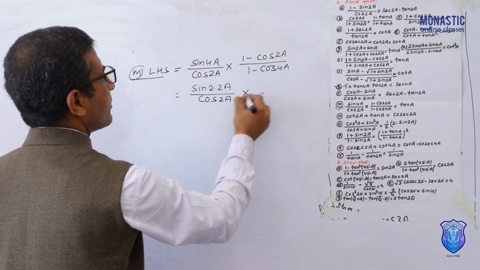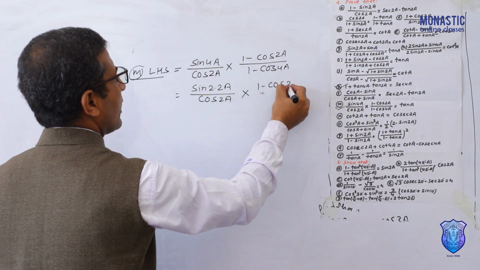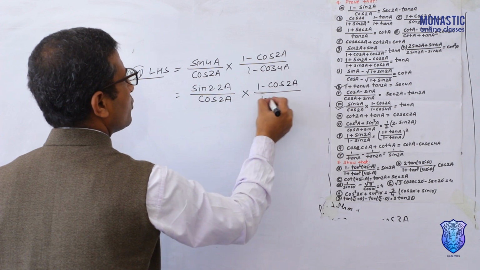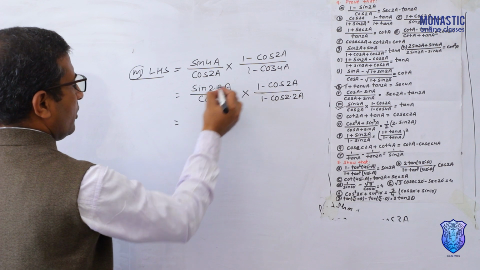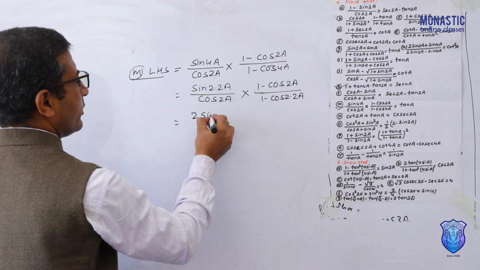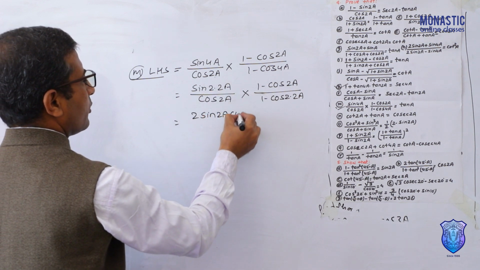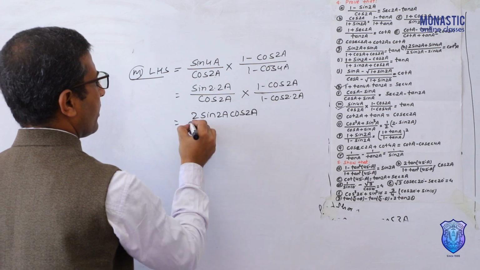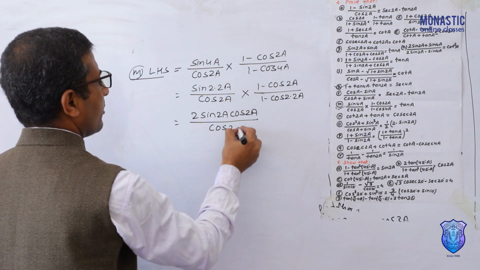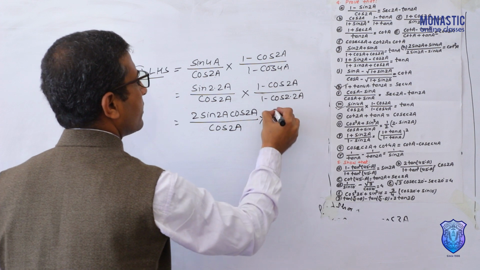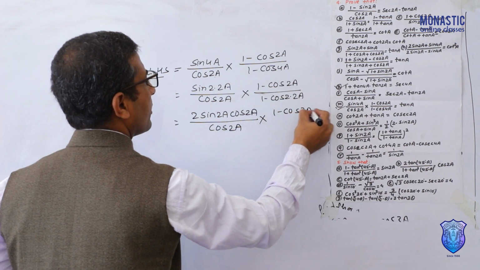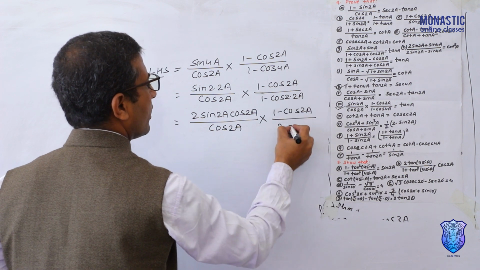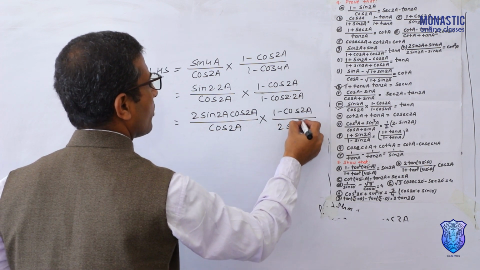Where there is 4A, we write 2 into 2A. We have the formula of sin 2A, 2 sin A cos A. The 1 minus cos 2A formula we can write later. That's the formula of 2 sin square 2A.